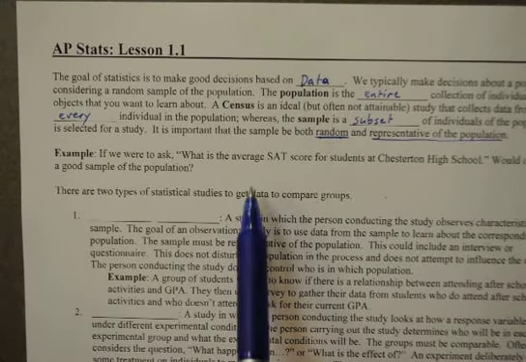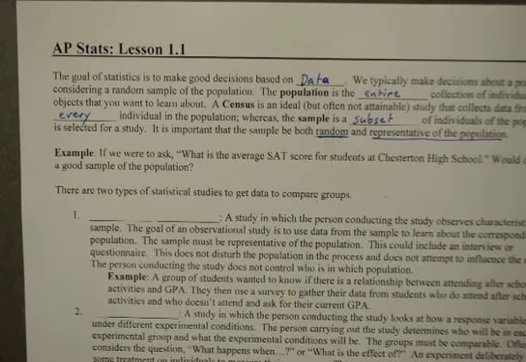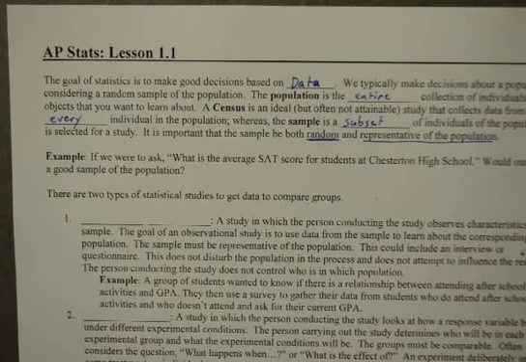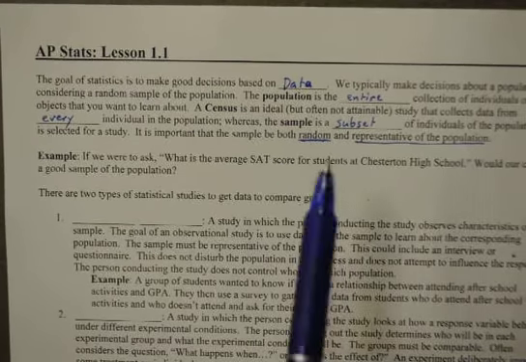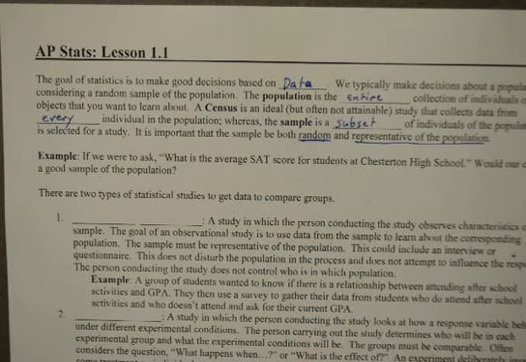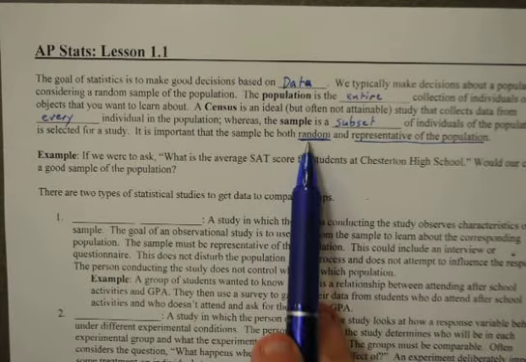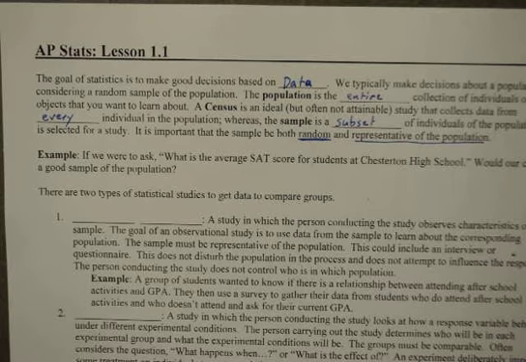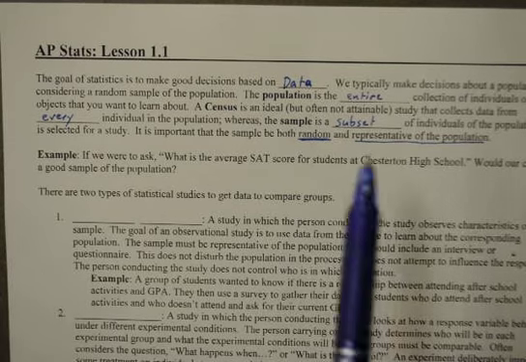if we asked what is the average SAT for students at Chesterton High School, we're going to gather data and we're going to find the average. Easy enough. However, before we do that, is the sample that we are taking random? Because I'm assuming that you don't have data on everybody's SAT score.